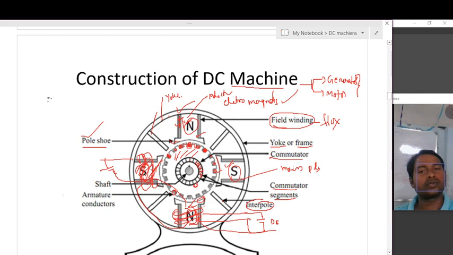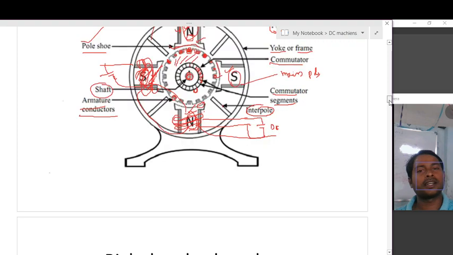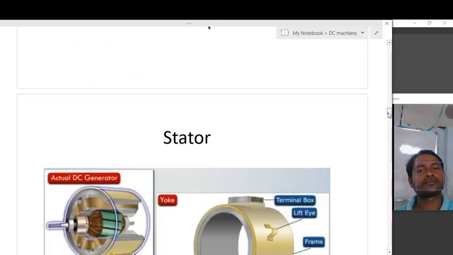In the armature slots we should place the conductors; such conductors are called armature conductors. This is the shaft, where the rotor is rotating. This curved shape is called the pole shoe, and this is called the pole. These are the main parts of the DC generator, and I will explain them individually.